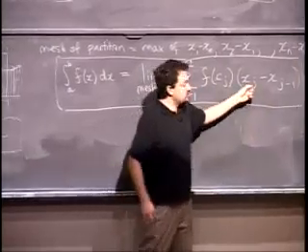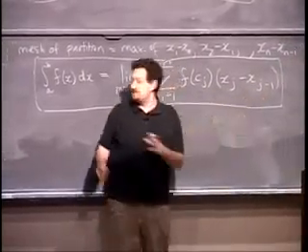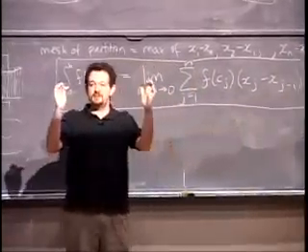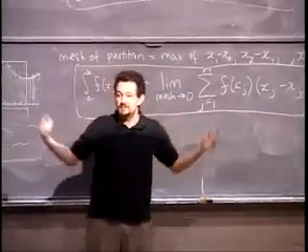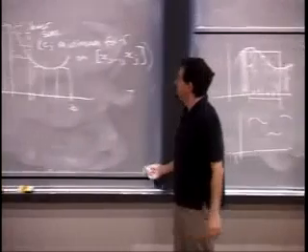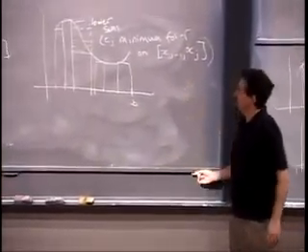Well, it's because x_j is bigger than x_{j-1}. If I have the interval, say, from 1 to 3, I write 1, 3, but the length of the interval is 3 minus 1. That's why it looks like that. All right. Any other questions?